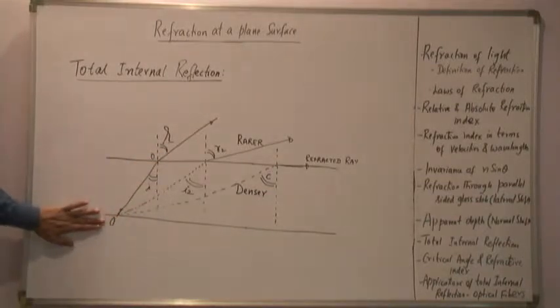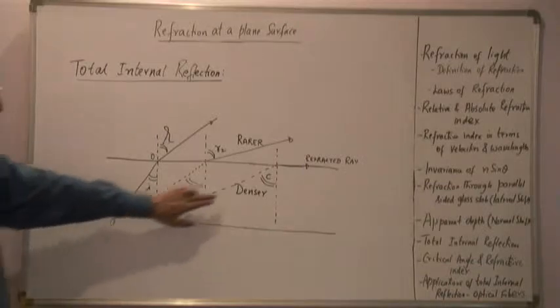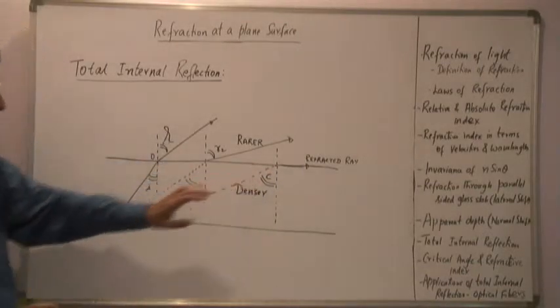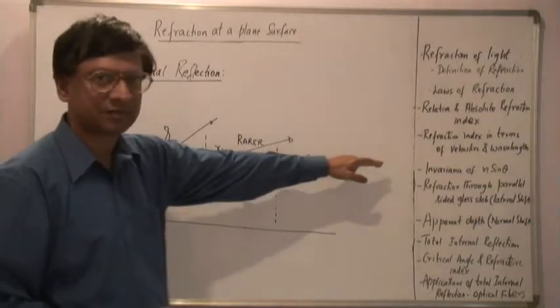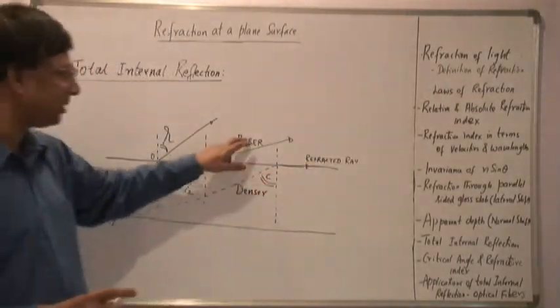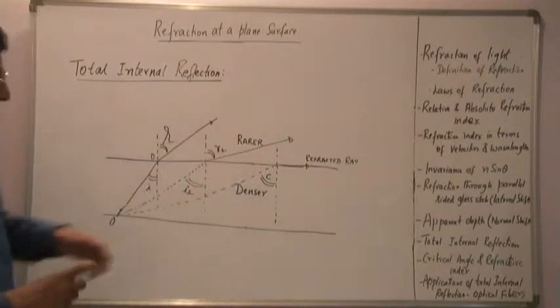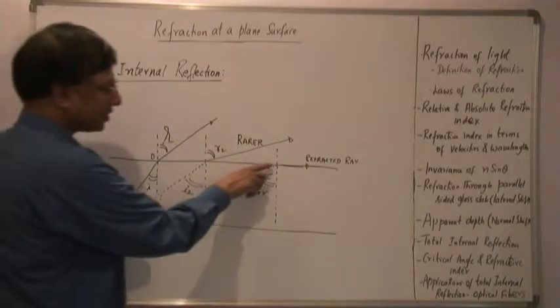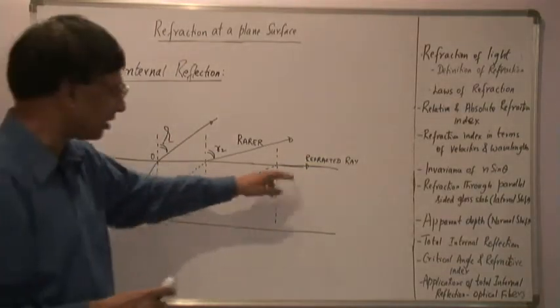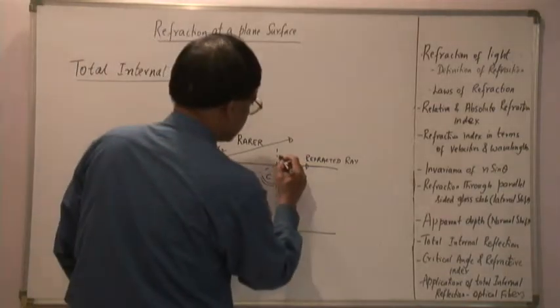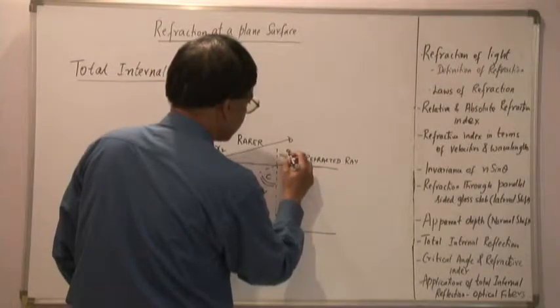So at some angle of incidence, C, the refracted light just grazes through the surface of the medium where the denser medium and the rarer medium meet. So this is the angle at which we have refraction at the angle of 90 degrees. So this angle will be 90 degrees.